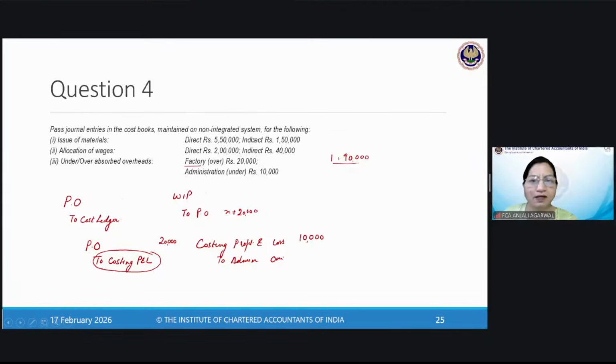In the previous question, I'll come back to that. So if there is an over absorption, unnecessarily the profits have come down. So you rectify it by increasing the profits and crediting the profit and loss account. And if there is an under absorption, unnecessarily the profits have increased because you have not charged all the expenditure. So you must decrease the profits and debit the costing P&L account.